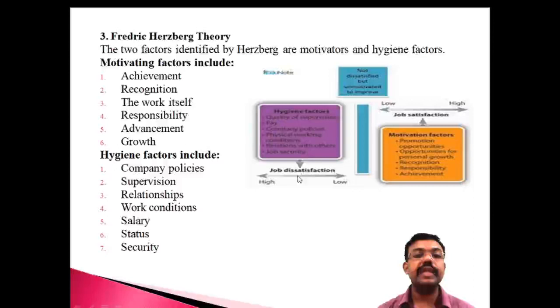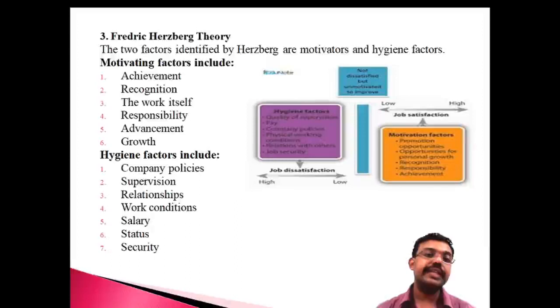So job dissatisfaction is related with the hygiene factor, and job satisfaction is related with the motivation factor. കമ്പനി പോളിസീസ് നെഗറ്റീവ് ആയിട്ട് പോവുക, ടൈറ്റ് സൂപ്പർവിഷൻ വരാം, റിലേഷൻഷിപ്സ് മോശമാവുക, വർക്ക് കണ്ടീഷൻസ് മോശമാവുക, സാലറി കുറയുക, സ്റ്റാറ്റസ്, സെക്യൂരിറ്റി ഇല്ലാതാവുക. ഇങ്ങനെയൊക്കെ വരുമ്പോൾ ഡിസാറ്റിസ്ഫാക്ഷൻ വരാനുള്ള പോസിബിലിറ്റീസ് കൂടുതലാണ്.